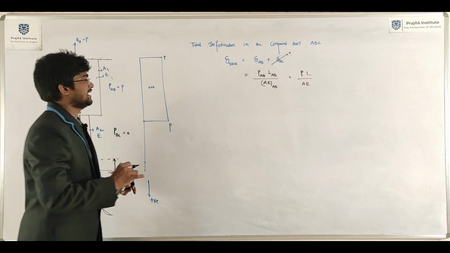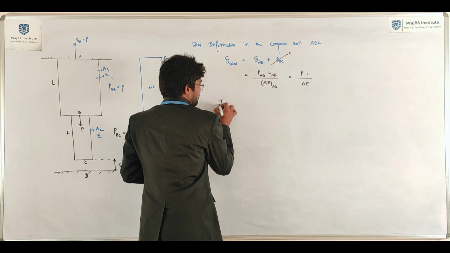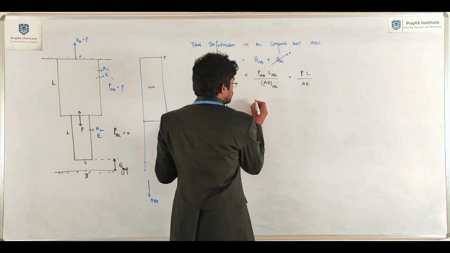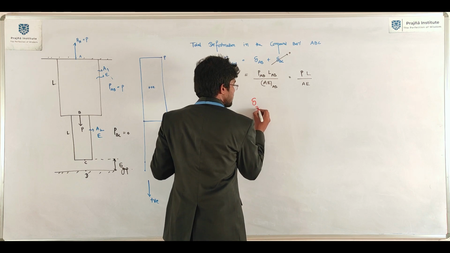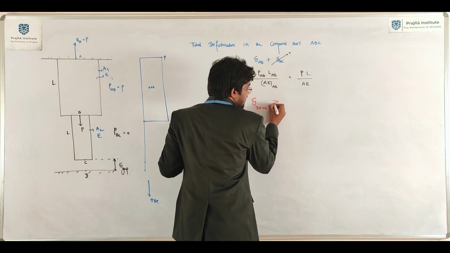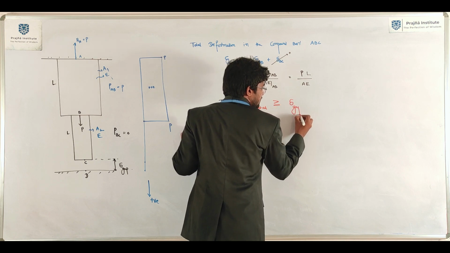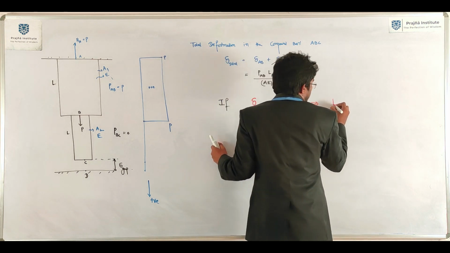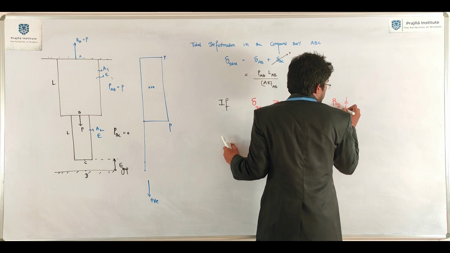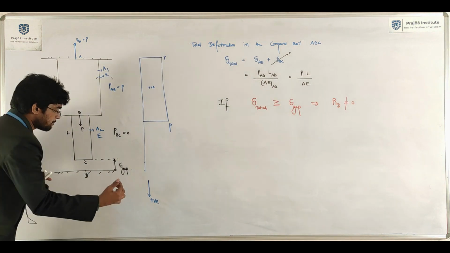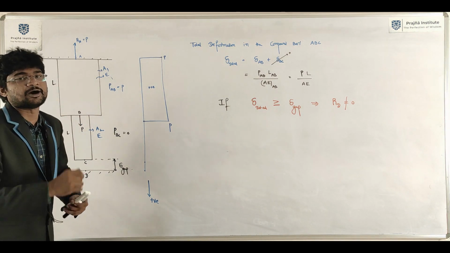Here the condition is, it is a very important condition, delta total is greater than or equal to delta gap. In that case, RD is not equal to 0. RD, the reaction at the support D, exists. Why?